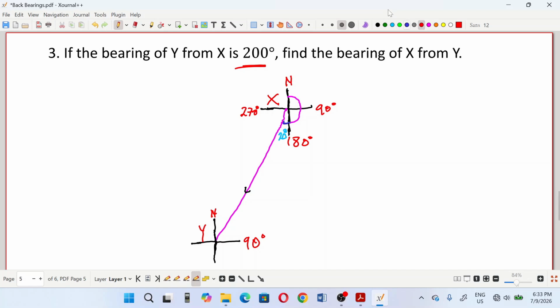It means if I'm at y and I want to turn to look at x from here, turn from the geographical north, if I turn all the way here, meaning how much do I have to turn to get to this particular line? You realize that this angle, so the idea of the alternate angles comes in again.